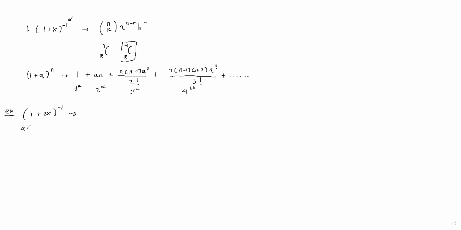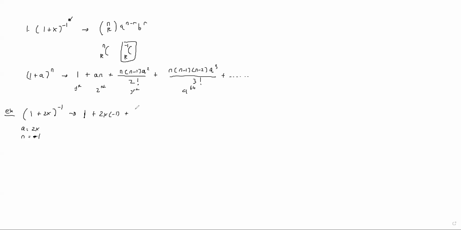So the a here is equal to 2x and the n here is equal to, sorry, -1. Now we can just plug into the pattern here. We have 1 first, 1 plus, and then a will be 2x and n is -1, so multiply by -1, and then added again by n multiplied by n minus 1.